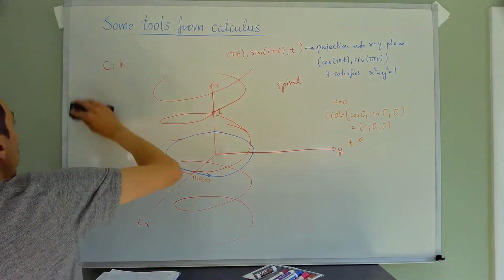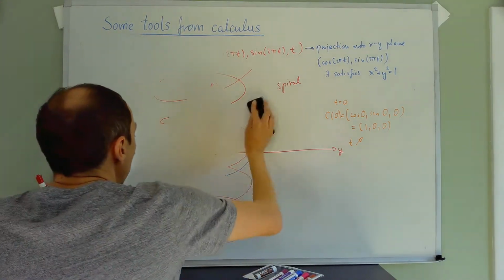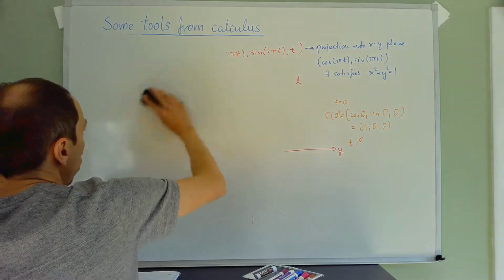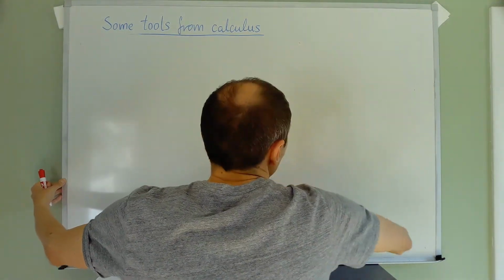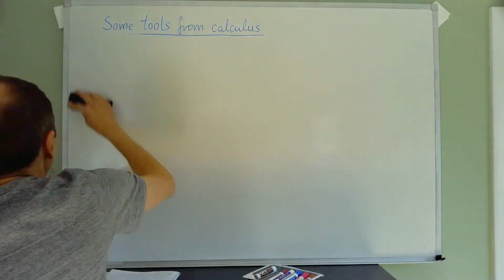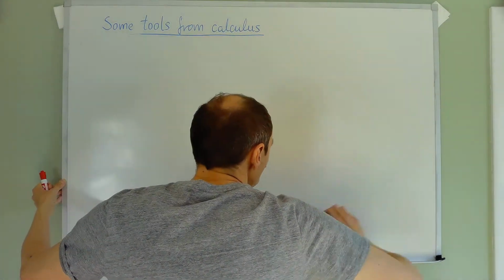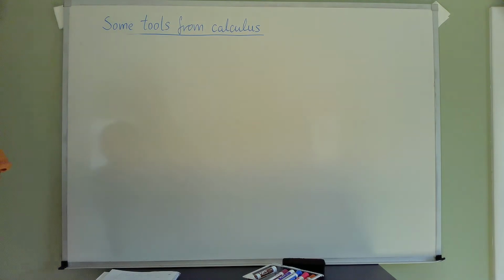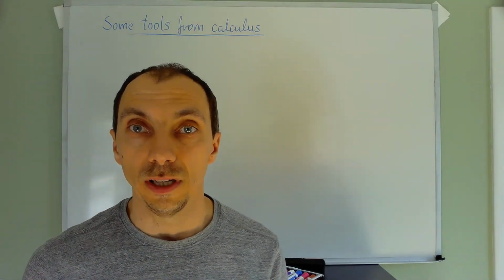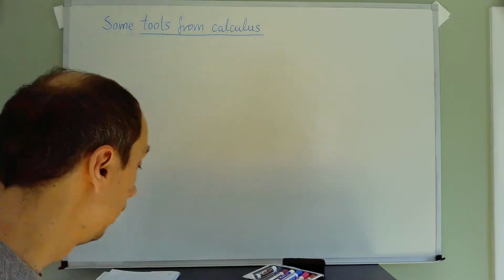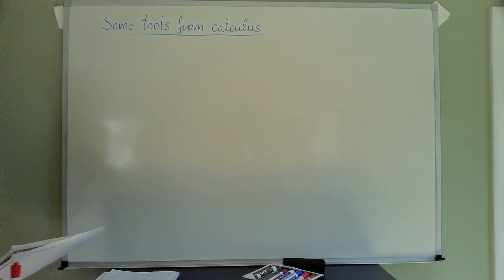Okay, and finally, a very important thing for us will be length of curves in R3, because as we discussed in the last video, we want to talk about geodesics, and geodesics are the curves that have the smallest possible length, so we need to define the length of a curve.